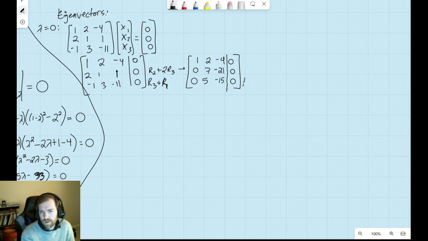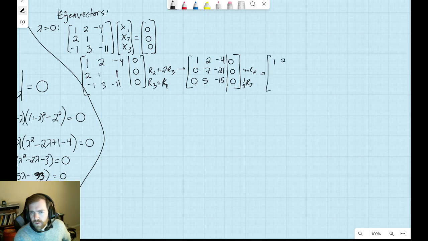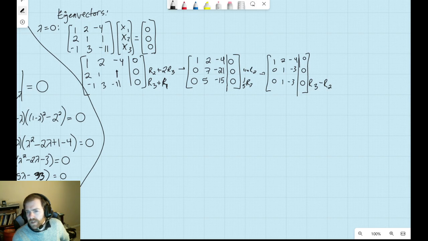So we're going to take 1/5 of row 3 and 1/7 of row 2. 1, 2, negative 4; 0, 1, negative 3; 0, 1, negative 3. Alright, row 3 minus row 2 ends up with all zeros in that one.